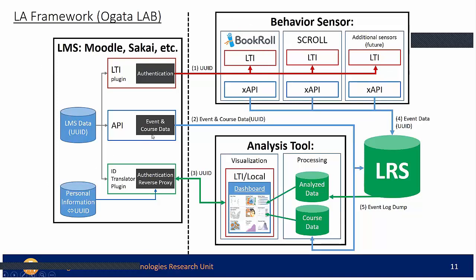Students log into BookRoll through Moodle by using the API protocol, and all the logs from the BookRoll reading system are collected into the learning record store as xAPI statements. We also have a dashboard to show some graphs or interventions to the students. So the BookRoll system is part of this learning analytics framework.